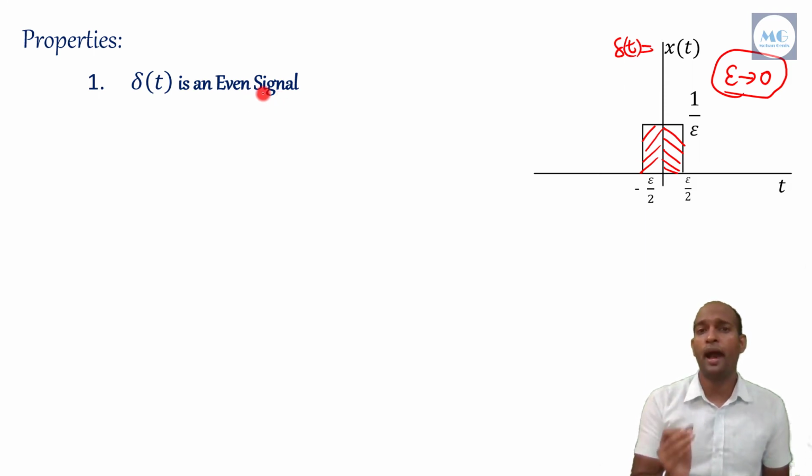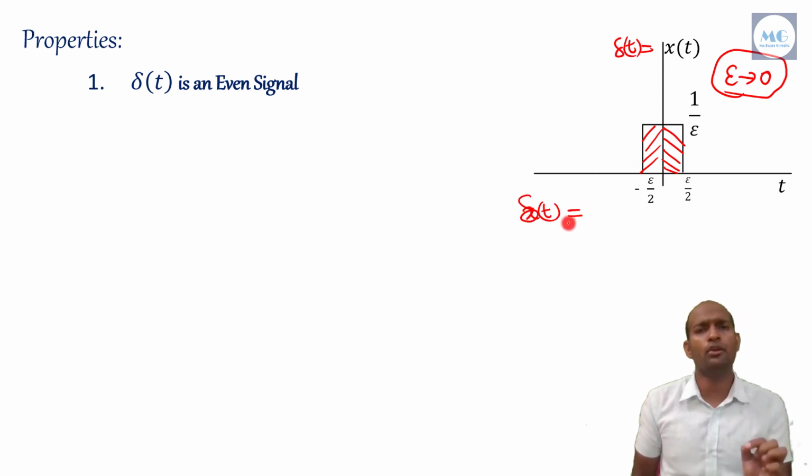What if I ask you whether it is an energy signal, a power signal, or neither energy nor power signal? No friends, it is not an energy signal. It is neither an energy nor a power signal. Why? If the value of x(t), or delta t, is infinity at any particular instant of time, then it is neither an energy nor a power signal.